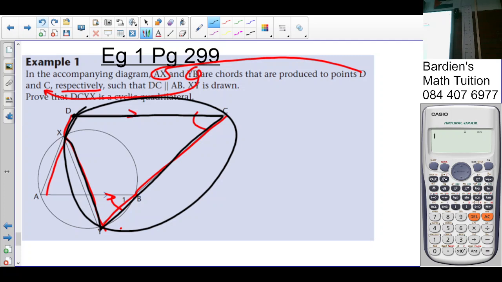Opposite angles are supplementary. And thirdly, to prove that the exterior angle is equal to the interior opposite angle.